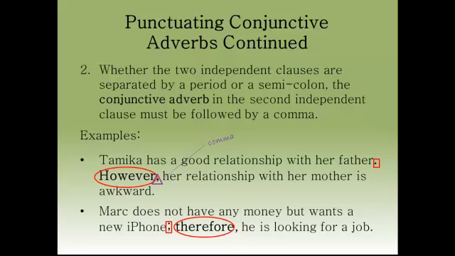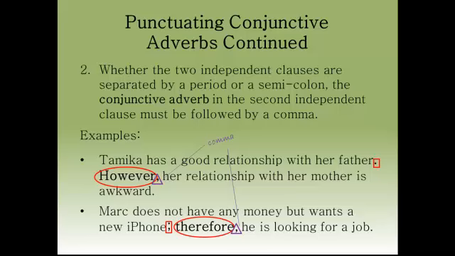In our second example, remember we used a semicolon to separate the two independent clauses about Mark and his iPhone. We already have that semicolon boxed. We already have therefore circled, but I want you to label the comma that follows therefore, draw a line toward it, and put a triangle around that comma.